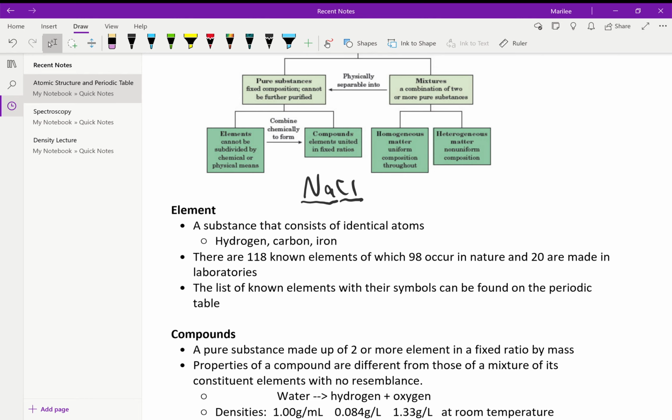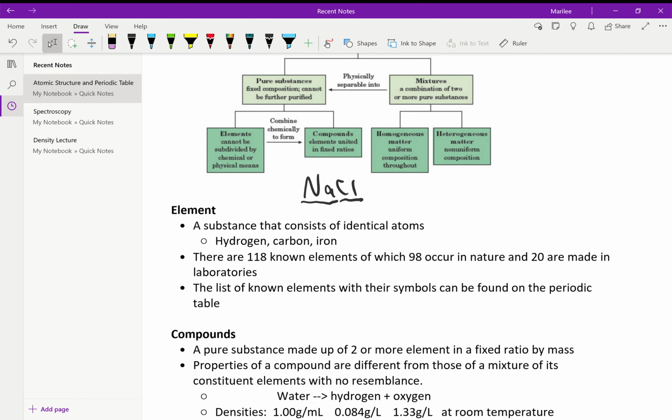So let me go over an element. An element is a substance that consists of identical atoms, right? So we have hydrogen, carbon, iron. Another example would be neon gas.